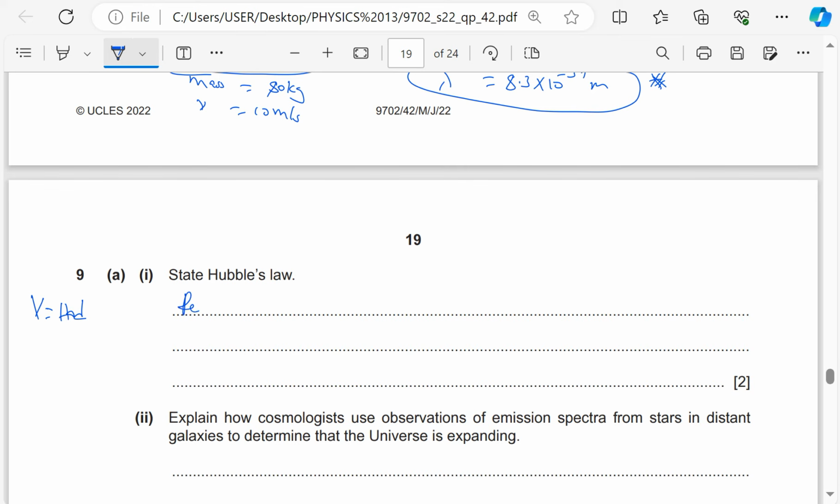The recessional speed of a galaxy is directly proportional to the distance of the galaxy from the Earth.